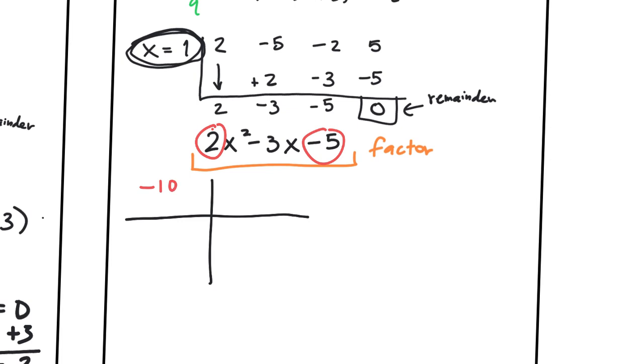That's -10. Then -3, we're going to look to add. So two numbers that multiply to give me -10, but add to give me -3. So we could try -5 times +2 equals -10. So check mark. And then what's -5 plus 2? That's -3. Another check mark.